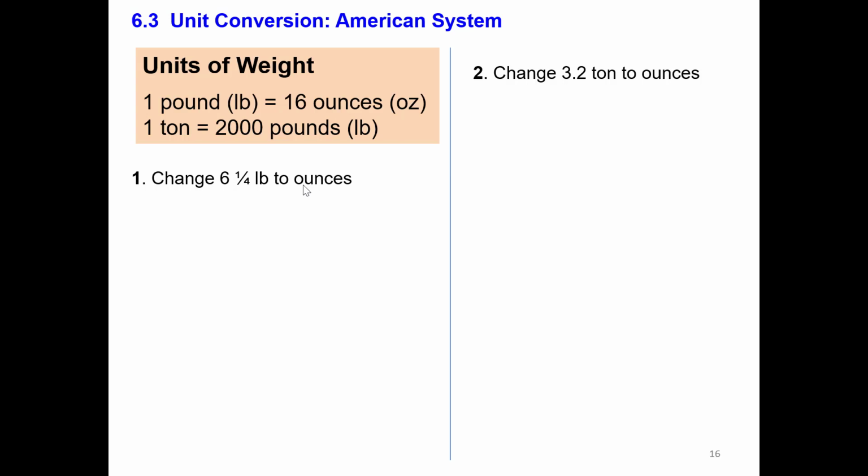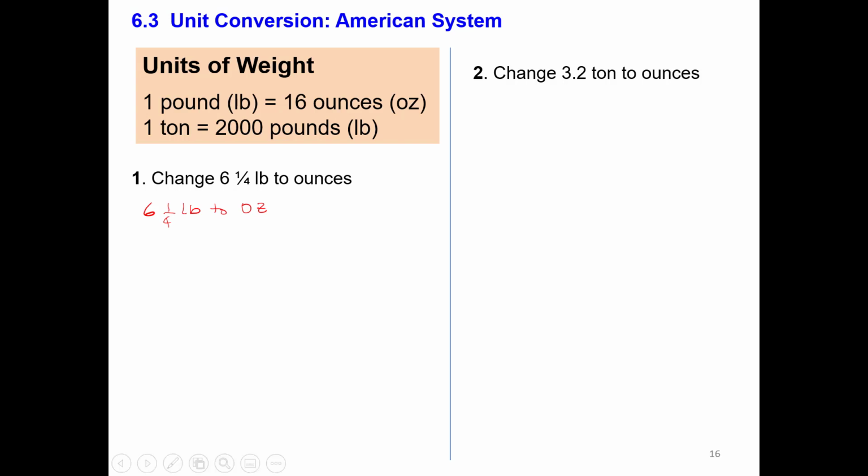Then to change this one, we want to change 6 1/4 pounds to ounces. Now this is what we want to convert. This is 1/4. And here we have one direct conversion factor.